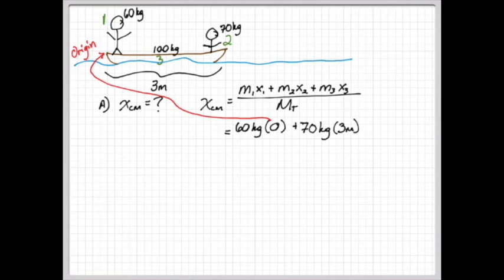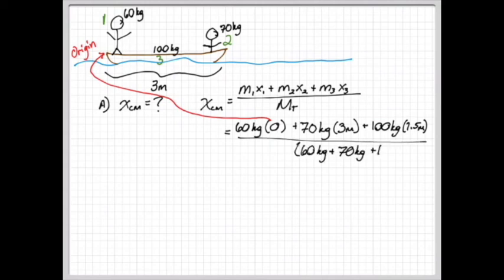Then we also have the 100 kilogram boat, and if it's uniform, its center of mass will be right in the middle at 1.5 meters.